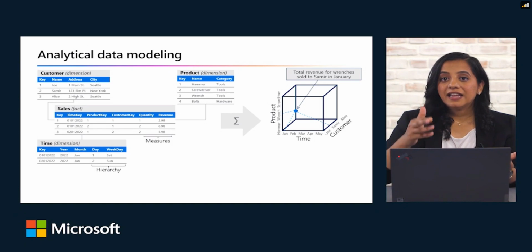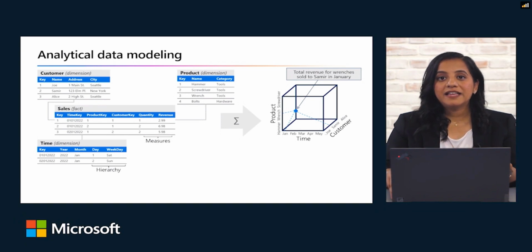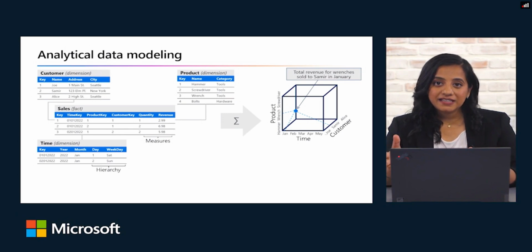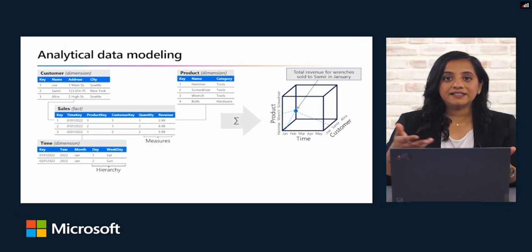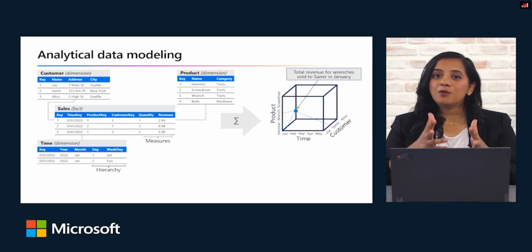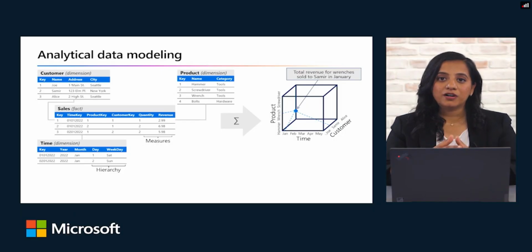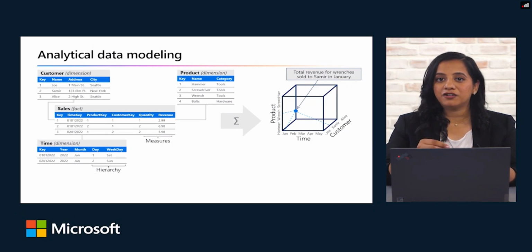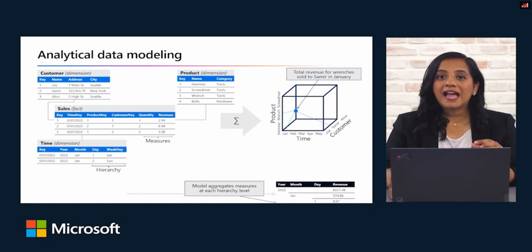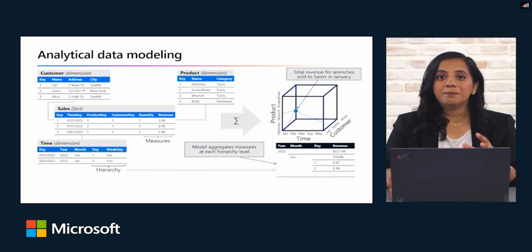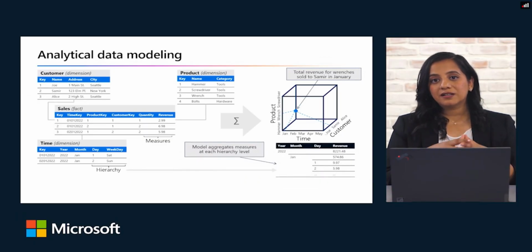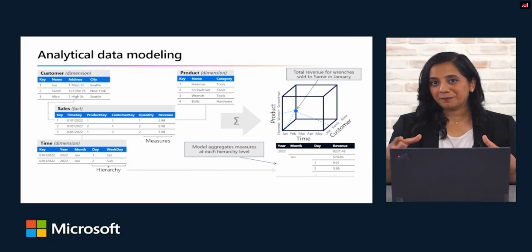Each entity is represented by a row with a unique key value. The remaining columns represent the attributes of the entity. For example, products have names and categories, and customers have addresses and cities. It's common in most analytical models to include a time dimension so that you can aggregate numeric measures associated with events over time.